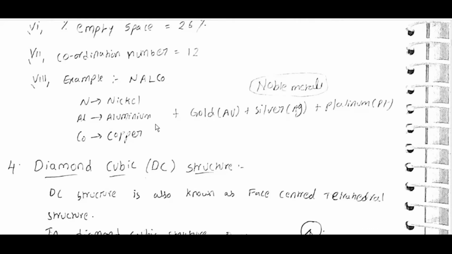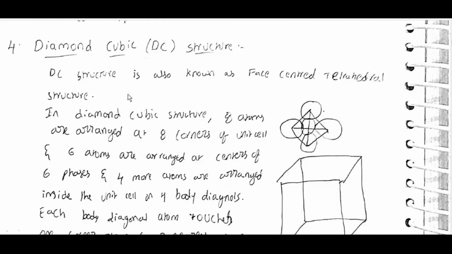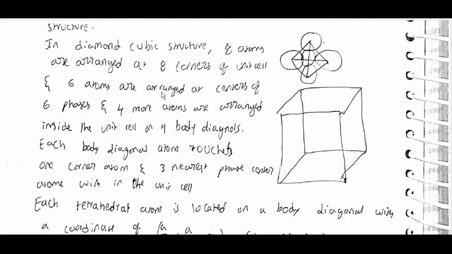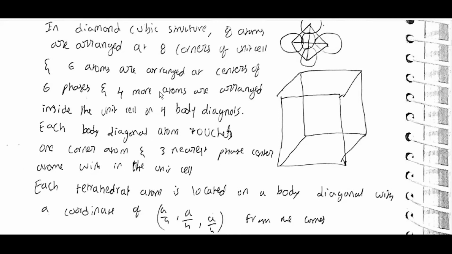Nickel, aluminum, copper. Diamond cubic structure, DC structure, is also known as face-centered tetrahedral structure. In diamond cubic structure, 8 atoms are arranged at 8 corners of the unit cell, 6 atoms are arranged at the centers of 6 faces, and 4 atoms are arranged inside the unit cell on the body diagonal.